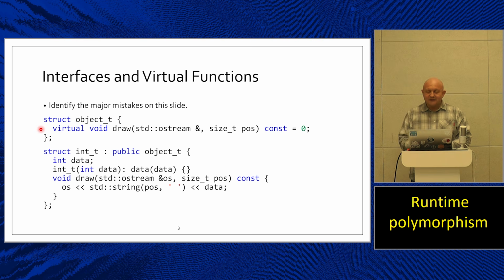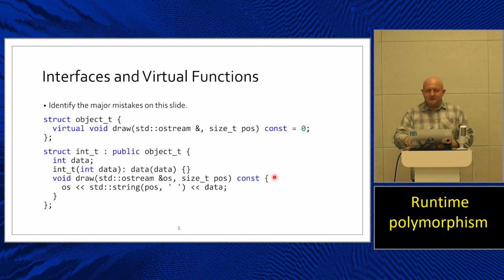In the derived class, draw is missing the override specifier. And this one is just as important. Why? Because without override, you might accidentally change the signature, maybe forget const, maybe slightly change a parameter type, and instead of overriding the base function, you silently introduce a new overload. The program compiles, everything looks fine, but dynamic dispatch doesn't work.